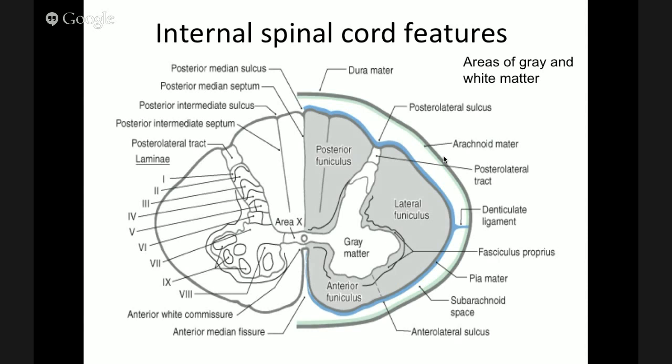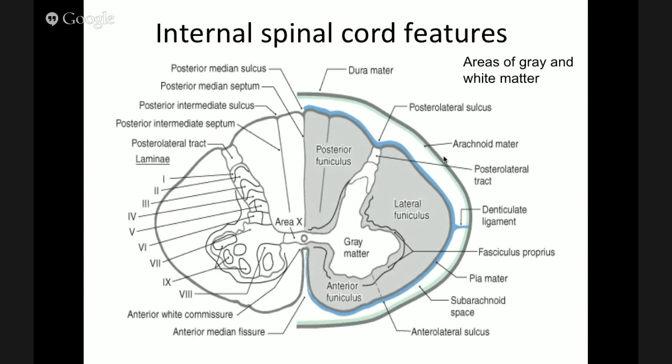So looking at a cross section, the axial cut through the spinal cord, I'm sure that you remember the butterfly shaped region. I'm sure you see this on a regular basis looking at imaging. The gray matter with the surrounding white matter.